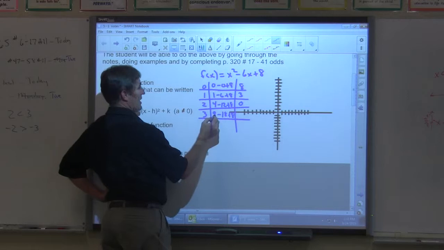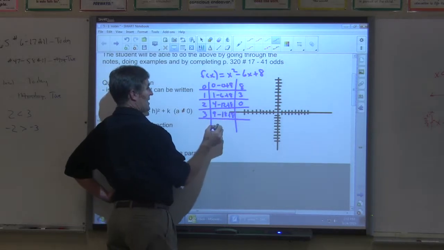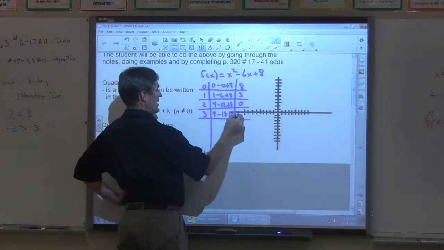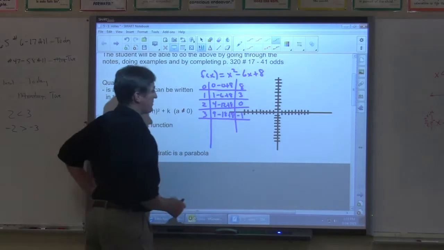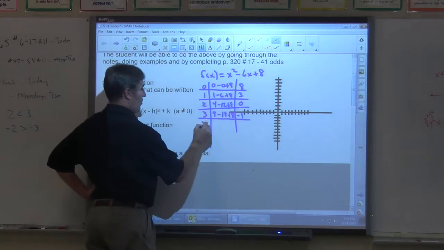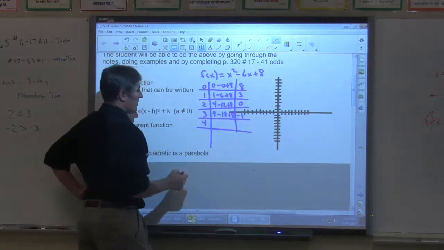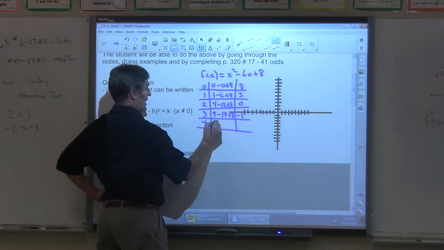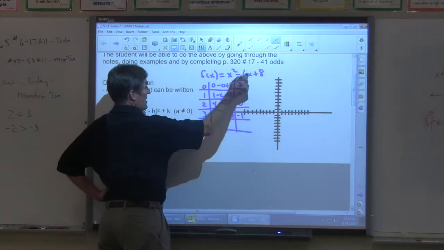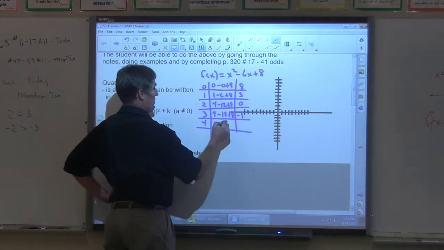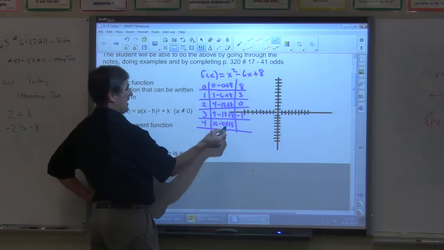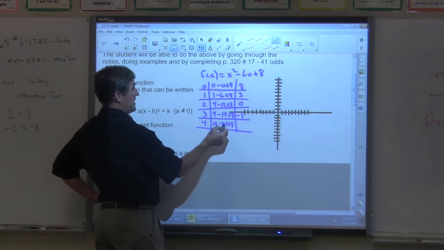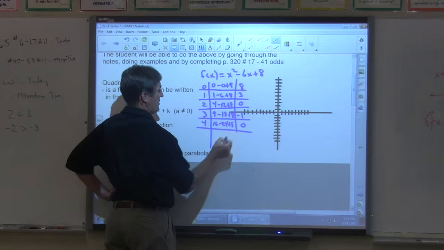So we get 9 minus 18 is a negative 9, plus 8 is negative 1. And when we plug in 4, 4 squared would be 16. 6 times 4 would be a negative 24, plus 8. So we get 16 minus 24 is negative 8, plus 8 is 0.